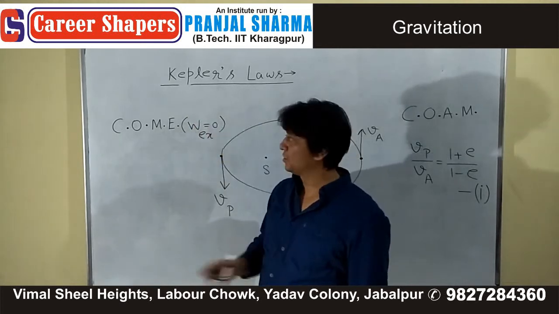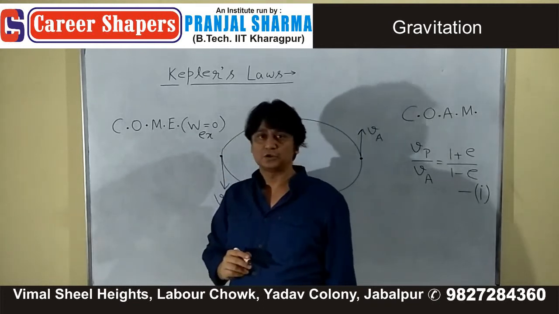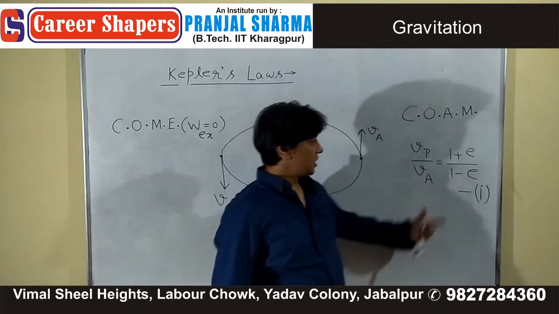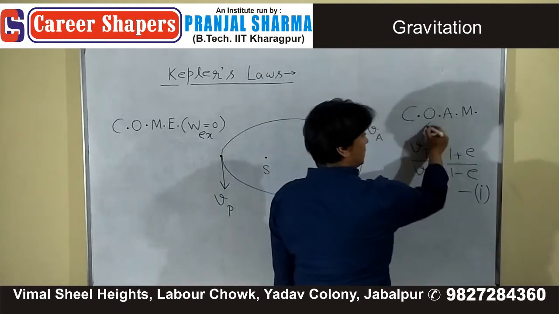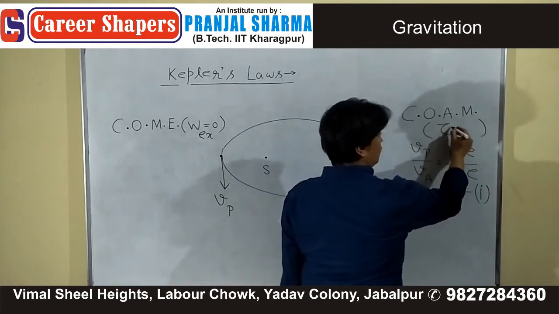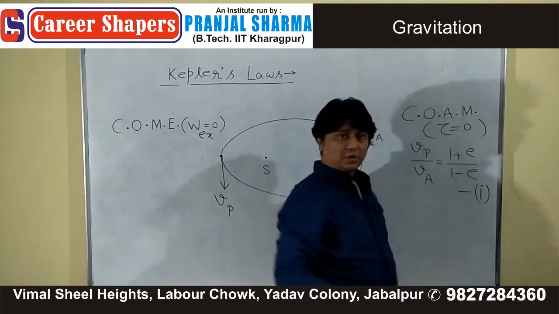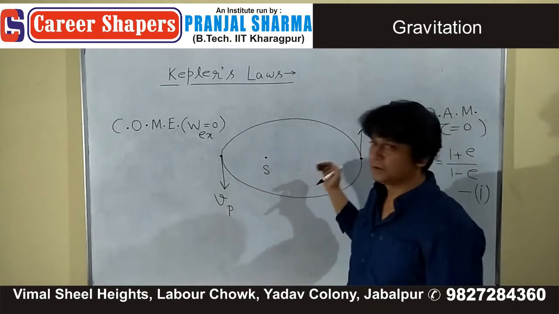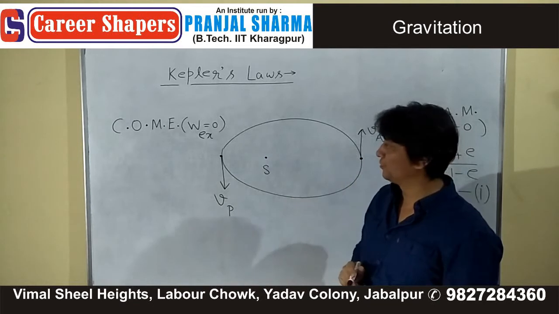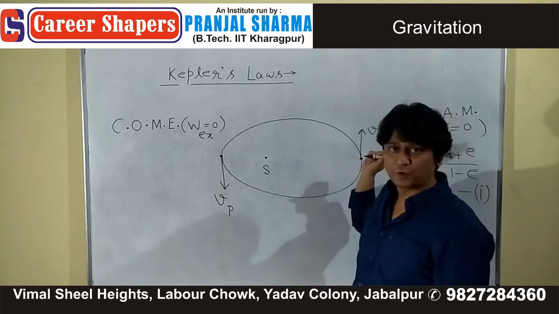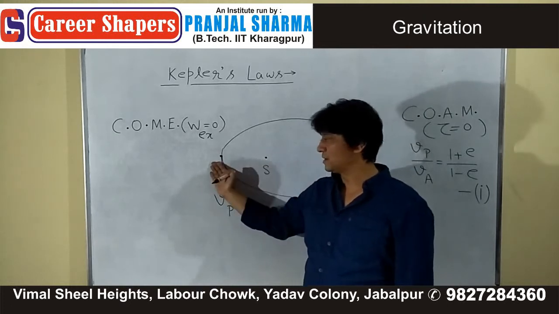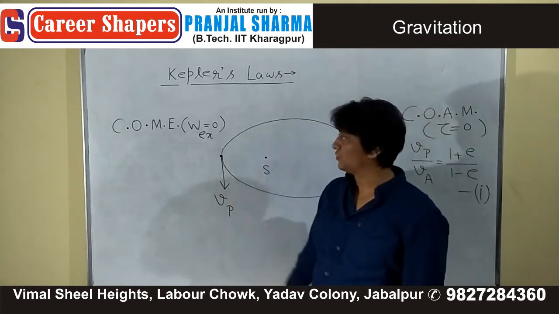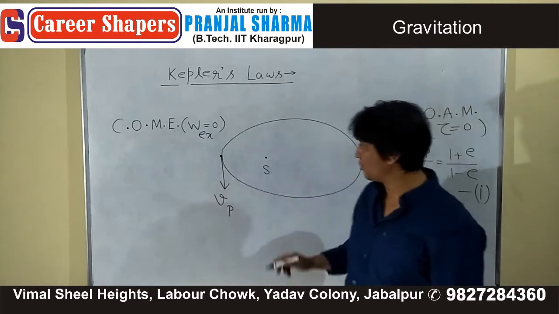And therefore, we can use what? Conservation of mechanical energy. For COAM, torque was 0. On the revolving planet, torque coming from gravitational force is not present, and therefore we could use COAM. On the system of Sun and the planet, there is no external force, and therefore we'll be using COME.